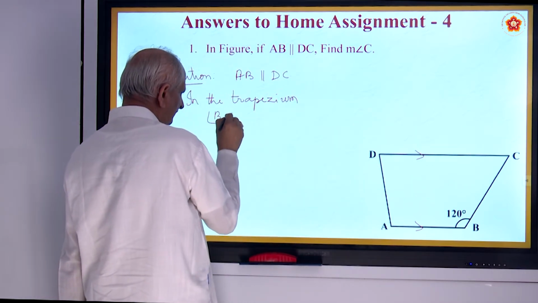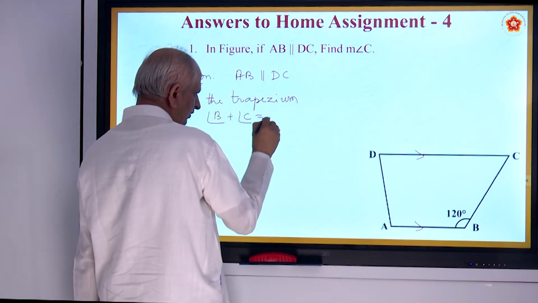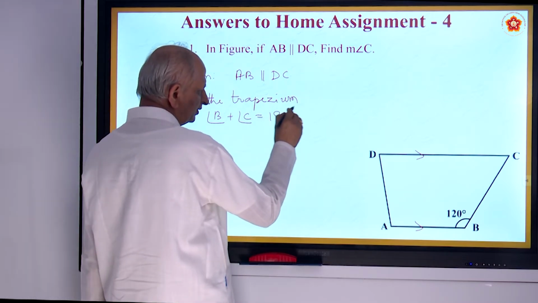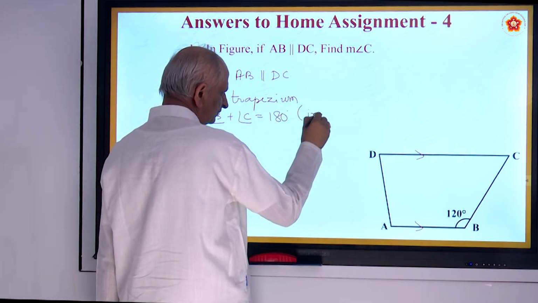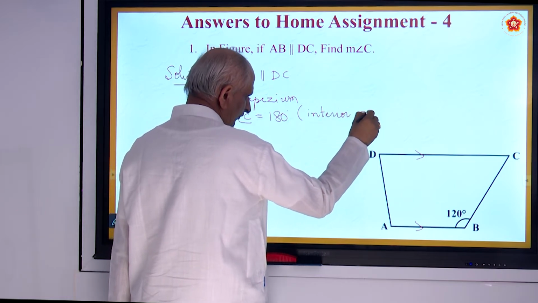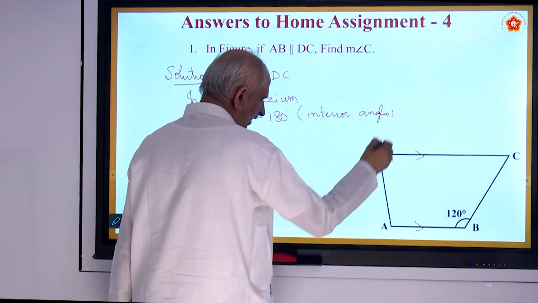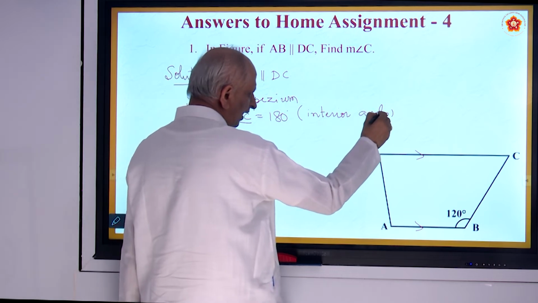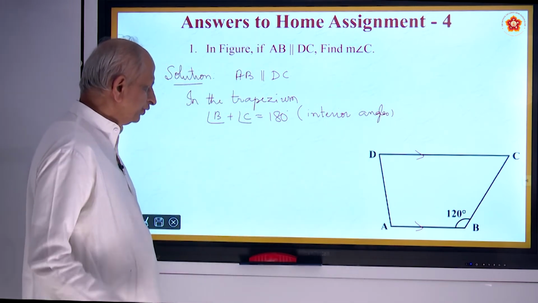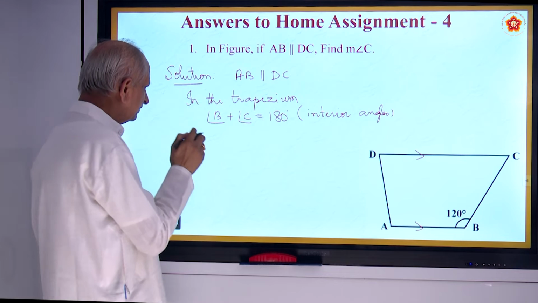Angle B plus angle C is equal to 180 degrees. They are called interior angles. Of course, you must take only the angles which are connected to the parallel sides. So, B plus C is 180.